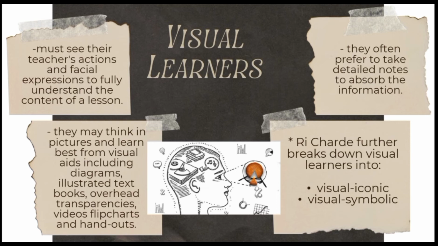If you are a visual learner, you learn by reading or seeing pictures. You understand and remember things by sight. So Richard further breaks down visual learners into two: the visual iconic and the visual symbolic.